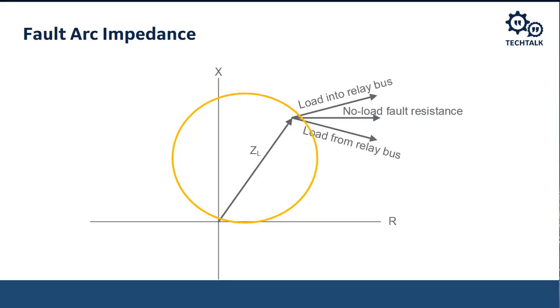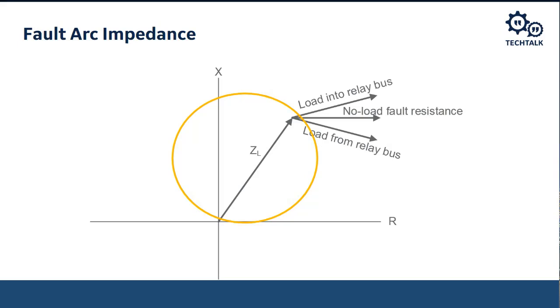The orangish pumpkin colored circle is the operate region of the distance element in the relay. The line ZL is the reach of the element inside the relay. So if I have a fault along that line, I will be inside of that pumpkin colored circle, and I'd operate. I'd trip the breaker.